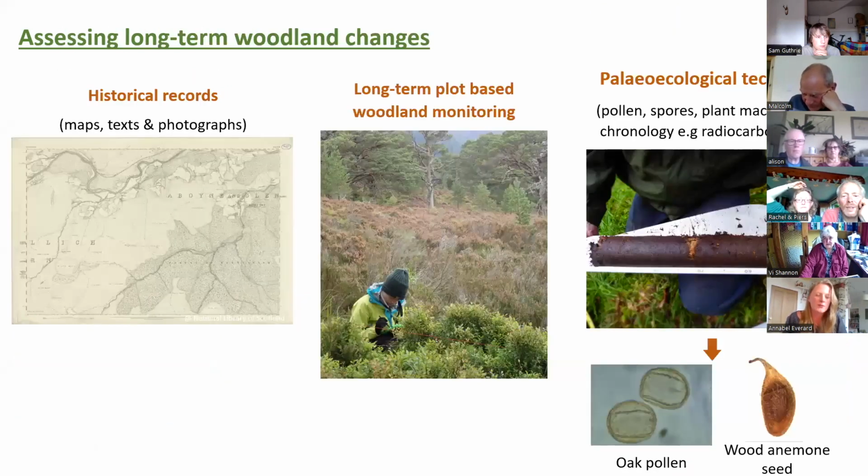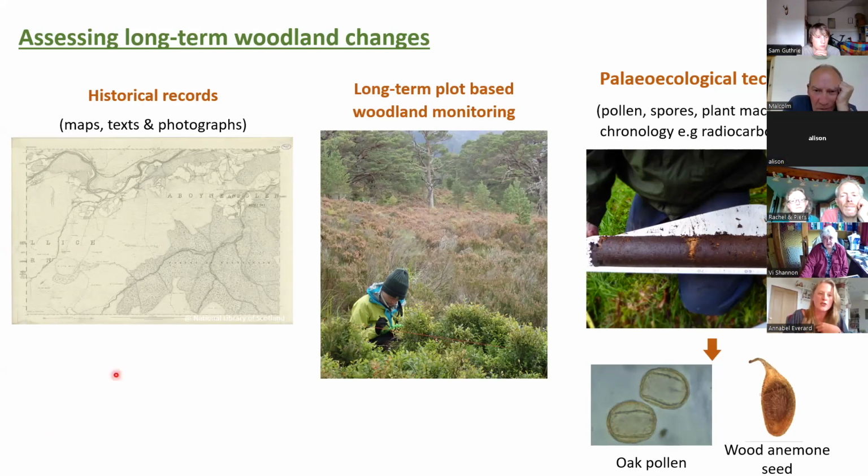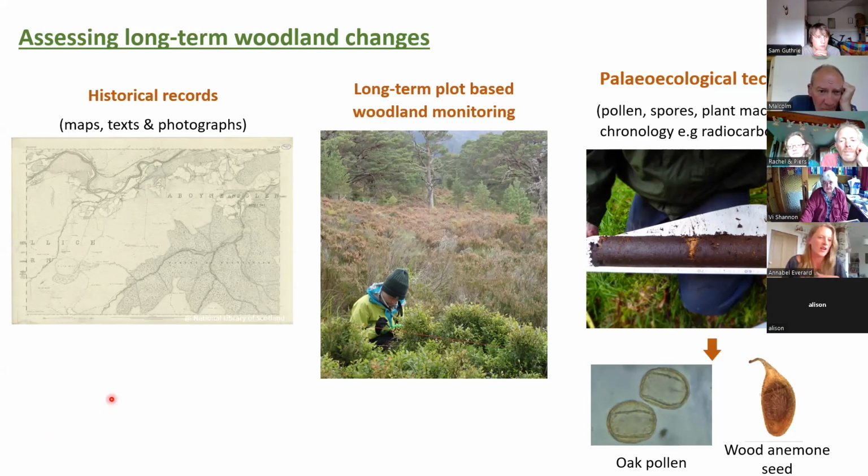There are a few ways by which we can improve our understanding of long-term woodland changes. Firstly, we have our historical records, so things like maps, texts, and photographs of sites. However, these records are often spatially and temporally fragmented. So areas of interest might not have very detailed records, and there might be gaps in time where significant events just simply aren't recorded.